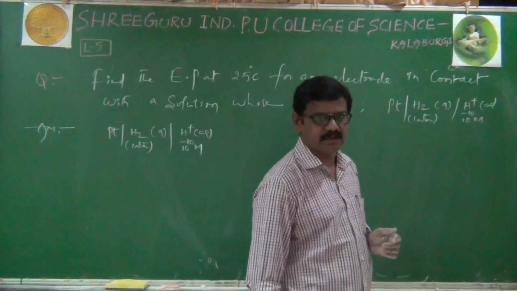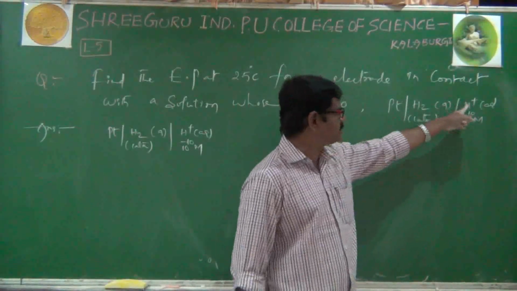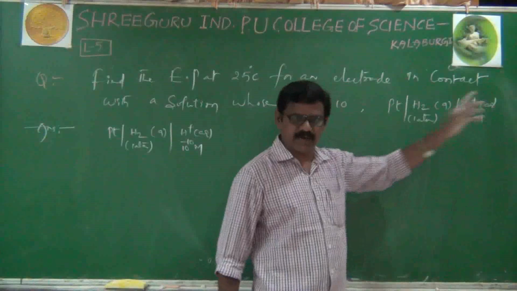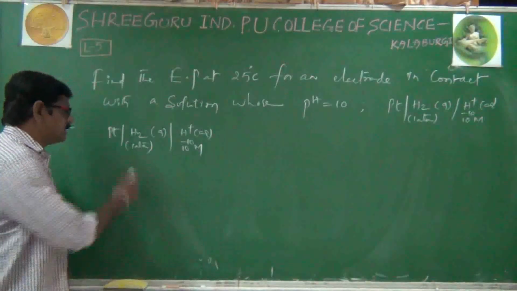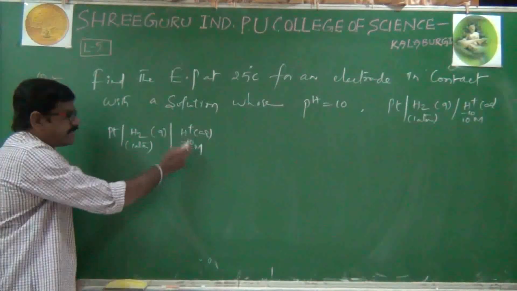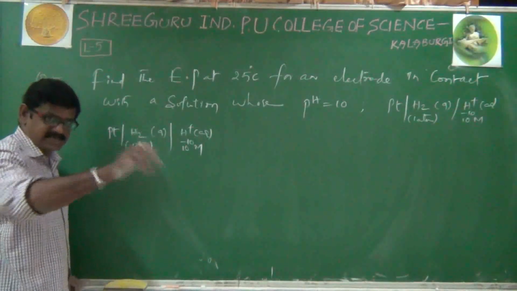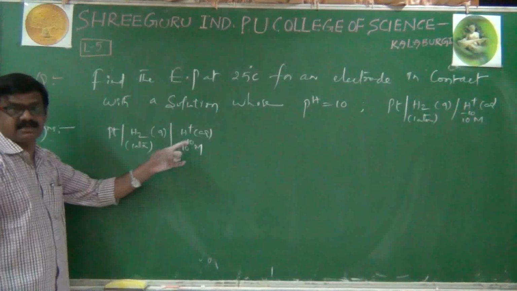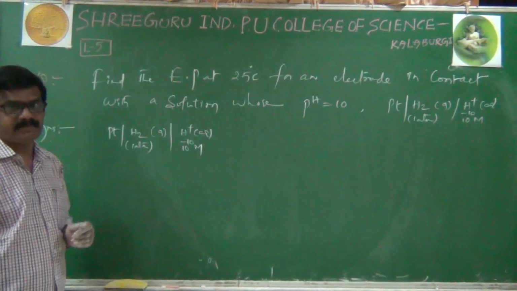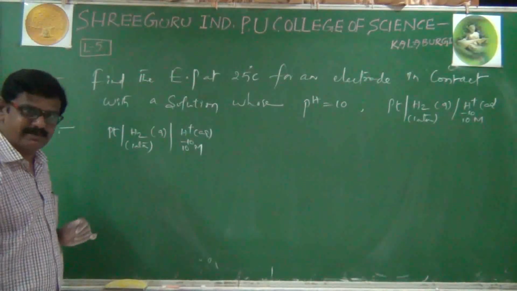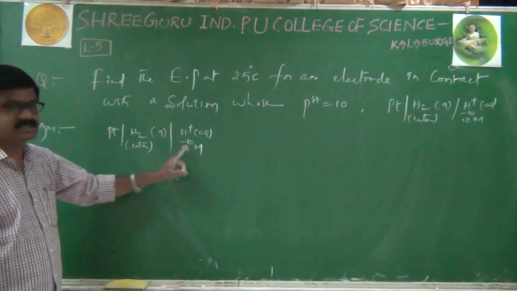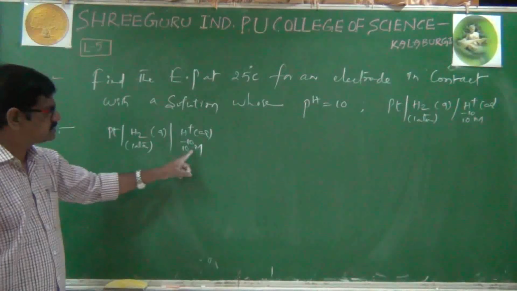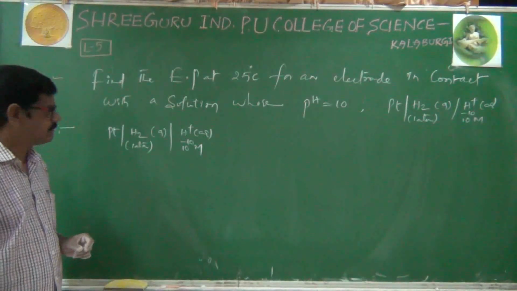That we can write. Now suppose 1 atmosphere, if it is a 1 molar concentration that has been given, in that case you can directly answer 0. That is standard hydrogen electrode. But here of course pressure is 1 atmosphere, no doubt. Concentration is not 1 molar, concentration is 10 to the power of minus 10 molar.